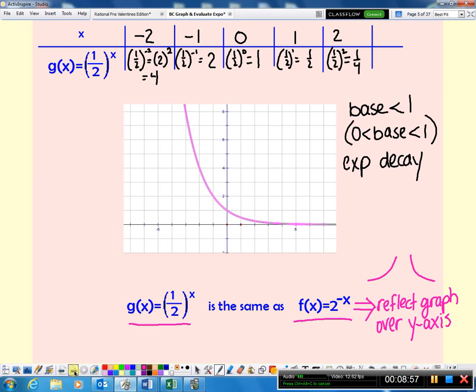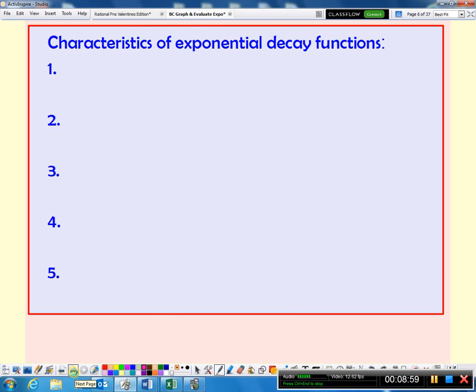So let's recap what we know about all exponential decay functions. Well, all exponential decay functions have the same basic shape. Whether you have y equals 1/2 to the x, or y equals 0.7 to the x power, or y equals 3/5 to the x power, they all have that same basic shape, even though some will be steeper than others.